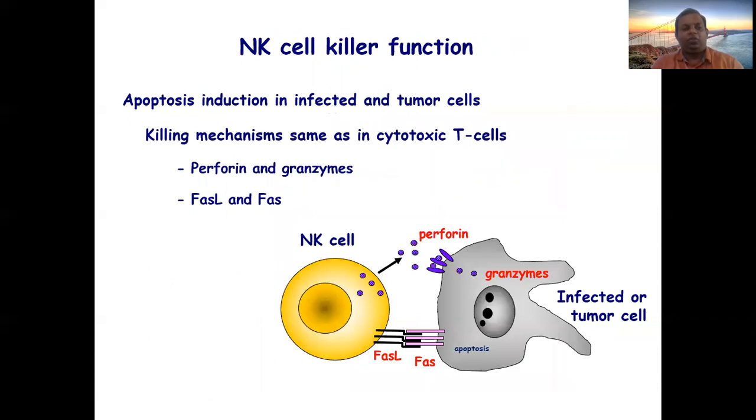In the same manner, not only for tumor cells but also for other virally infected cells, NK cells act. As I said earlier, apart from reactive oxygen free radical and nitric oxide mediated action by phagocytes such as macrophages and neutrophils, NK cells secrete perforins, which lead to perforation of these infected cells or tumor cells, and they secrete granzymes, toxins.